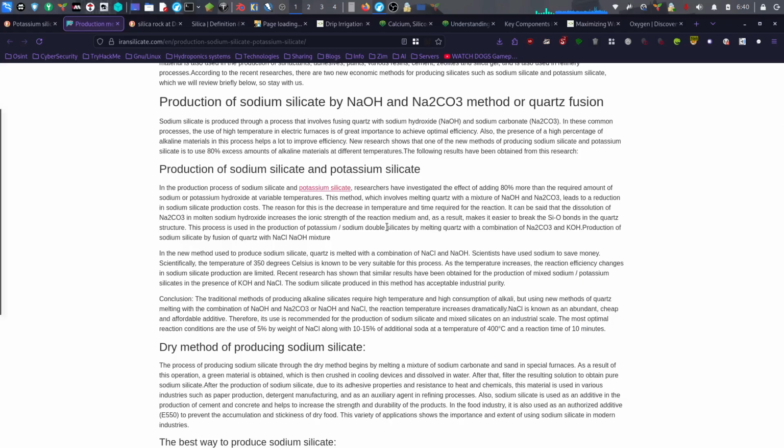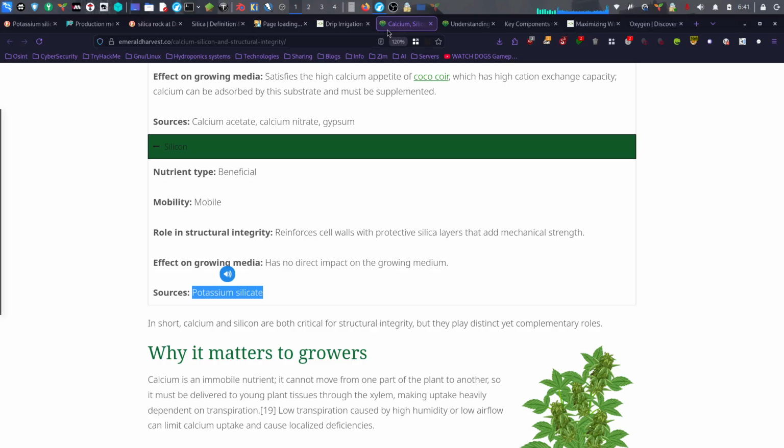If I make small volumes of nutrient solution, I think I don't need them, or maybe I do, I don't know. But if made as production, I think it can be required. Okay, continue reading.